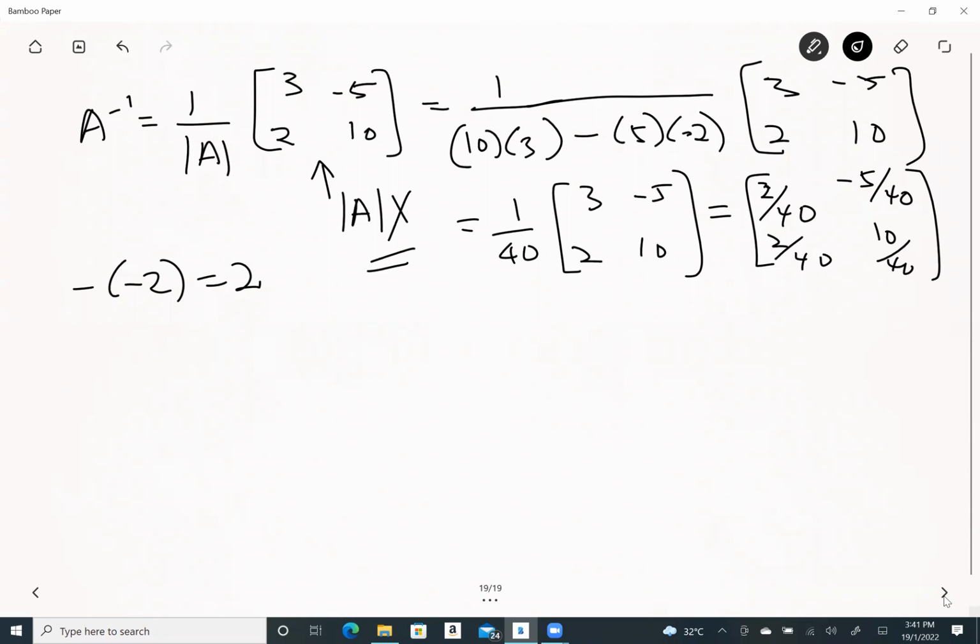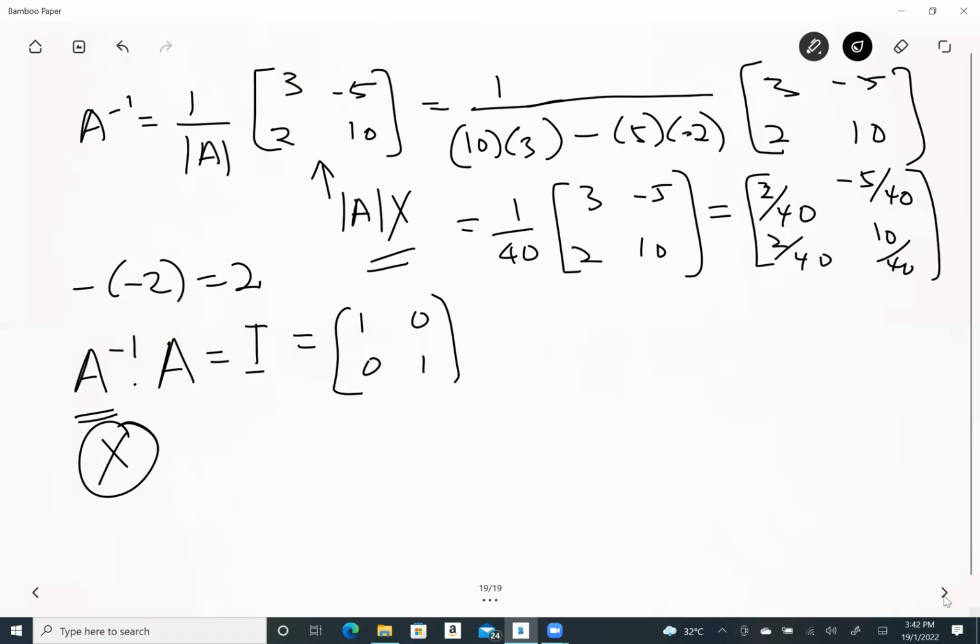Now, if you want to check whether you got the right inverse or not, you multiply the inverse with A, and you should get I. For a 2 by 2 matrix, we must get 1, 0, 0, 1. If I don't get 1, 0, 0, 1, that means we are wrong. So go ahead, check again what went wrong.